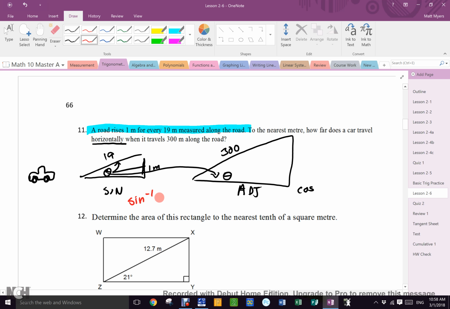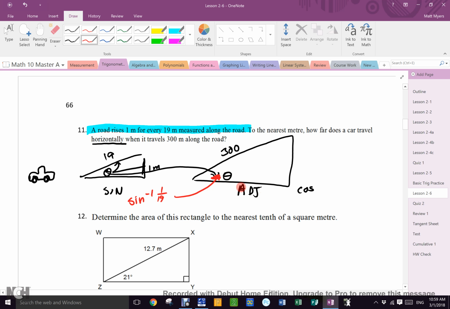So that's shift sine of what? What numbers are over here? Lovely. Cos 3 times 300. 1 over 19, which will then give you theta.